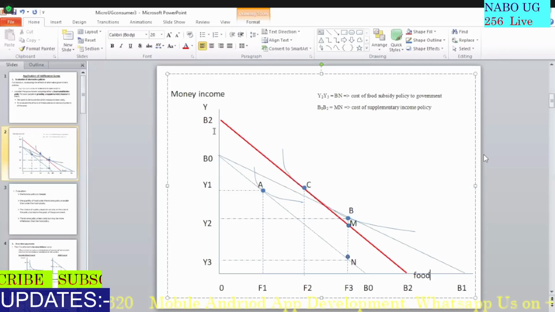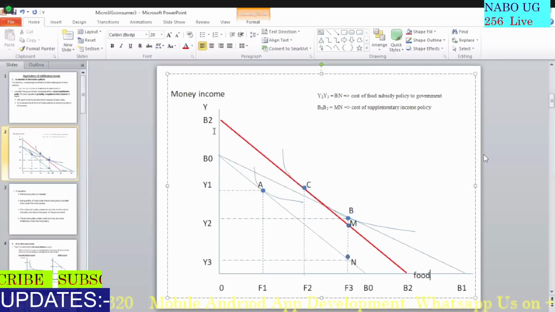But the government may also have other objectives. So it may not be looking at the cost. For instance, when you look at the diagram, you can see that when you give this individual a food coupon, he buys F3.